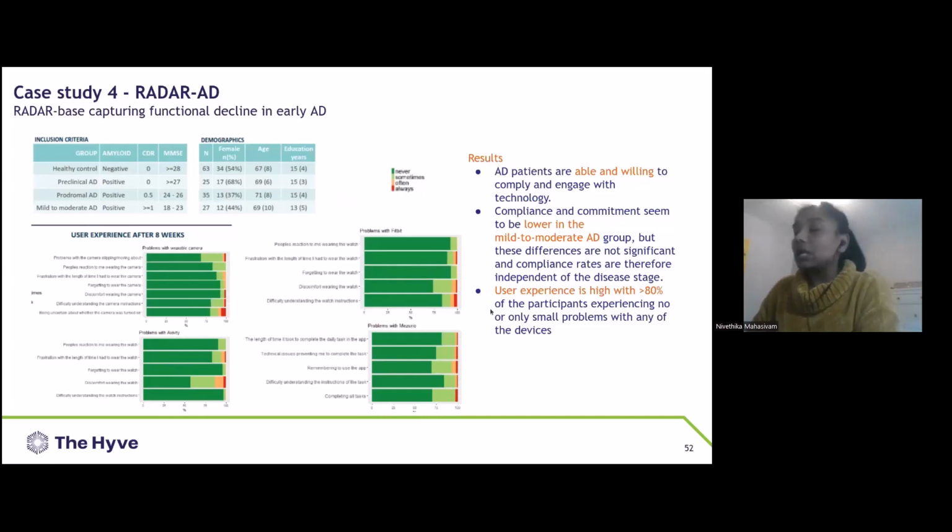So they do think that the compliance rates are kind of independent from which particular disease stage you are in. And it was also noticed that the user experience is reasonably high. Participants didn't experience a lot of problems in using such technologies during the study.